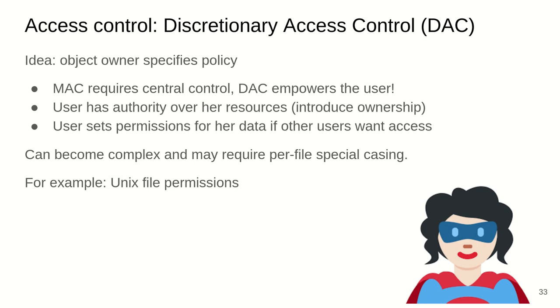The user owns the given data and can set permissions of the data if other users want access. This can become quite complex and require per-file special casing. One good example of discretionary access control are Unix file permissions with user, group, and everybody else. So this is a simple example of discretionary access control.